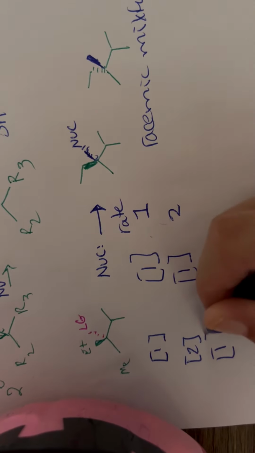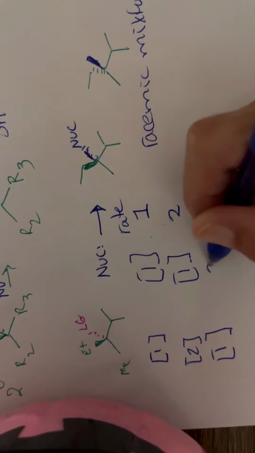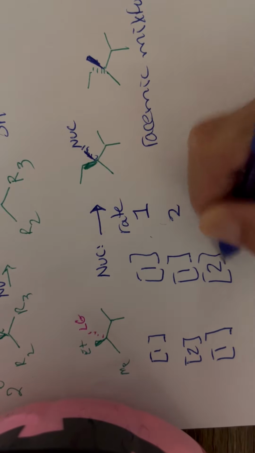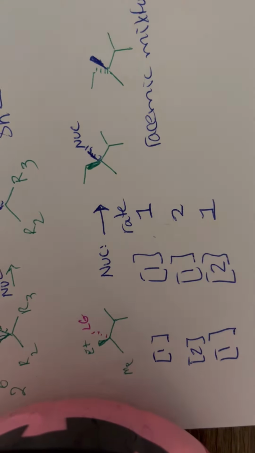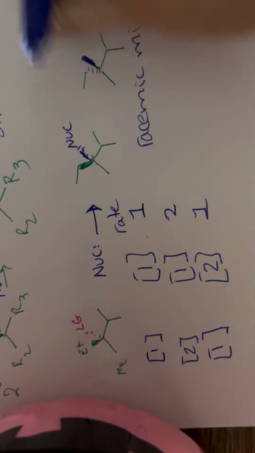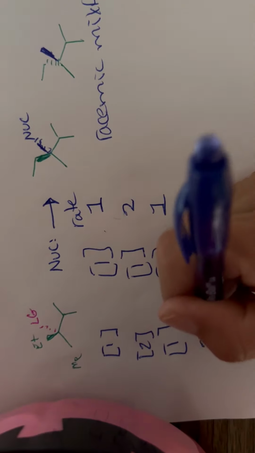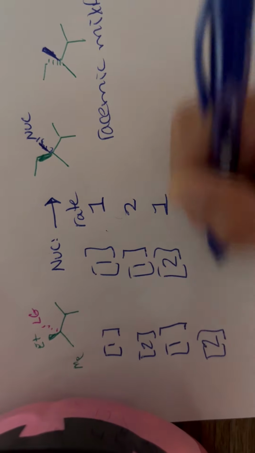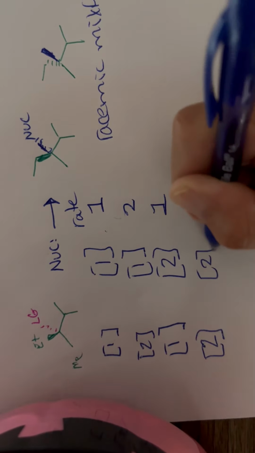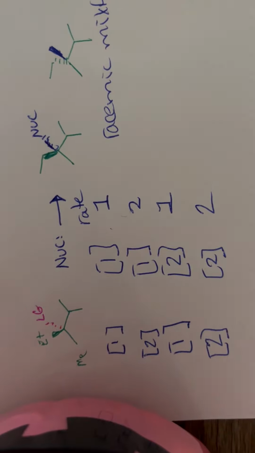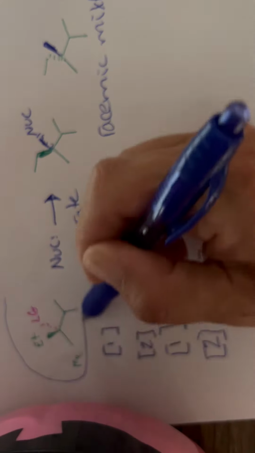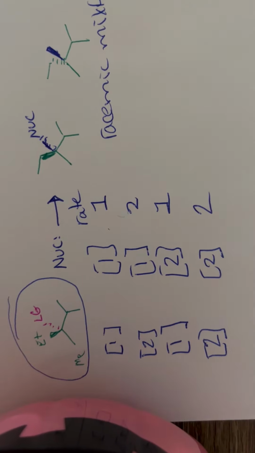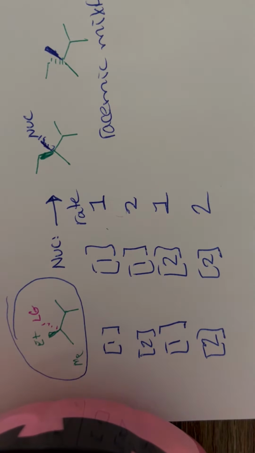If I keep my substrate the same, double the nucleophile, my rate remains at 1. And if I double both of them, I only double my rate. This tells me that the thing that is dependent on the rate is actually only my substrate. That's the only part of the reaction that governs the rate.